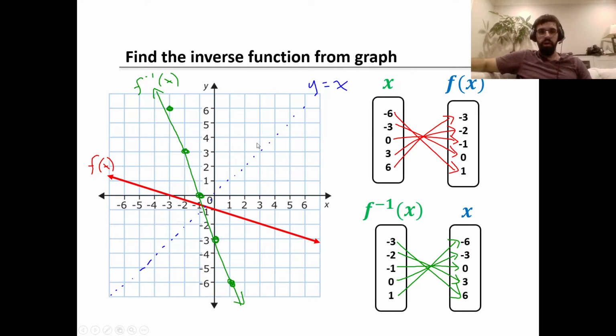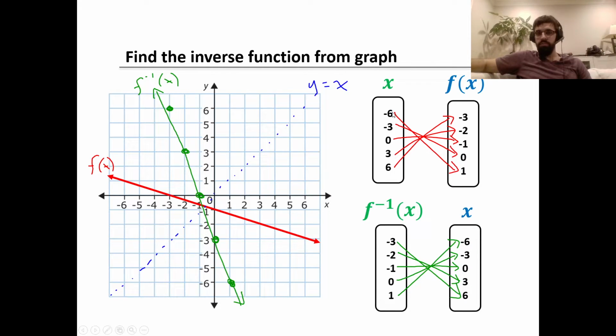So if we're going to graph the inverse function, the red line here represents f of x. How we're going to do this is we're going to look at the line and figure out some mappings for f of x first. If I look at -6 as an input for f of x, -6 on the x-axis is going to map to +1.